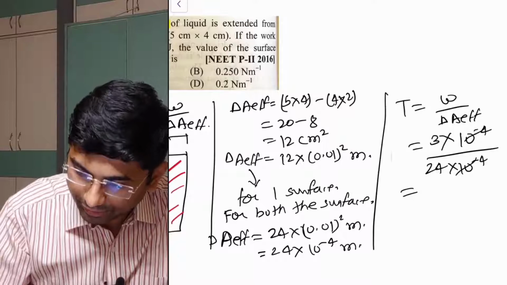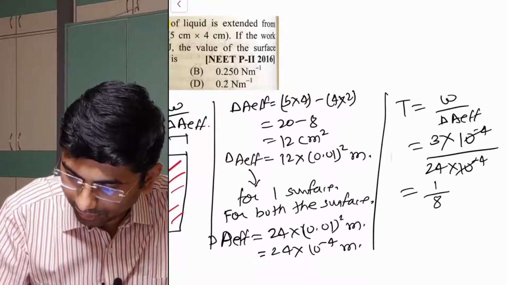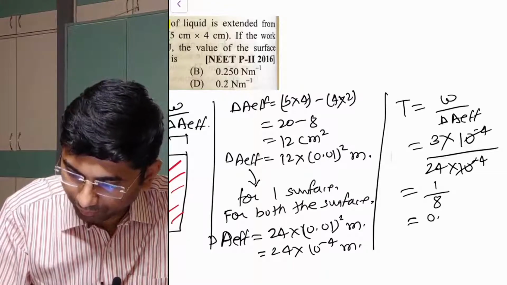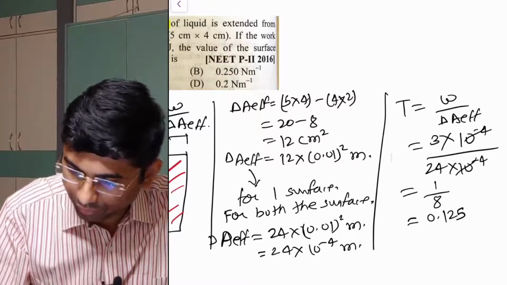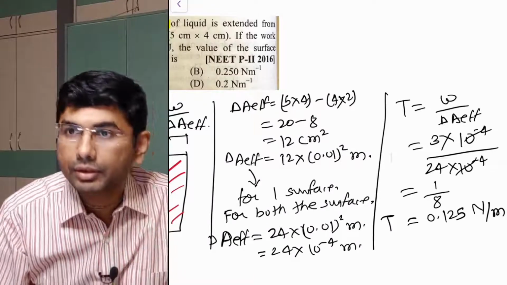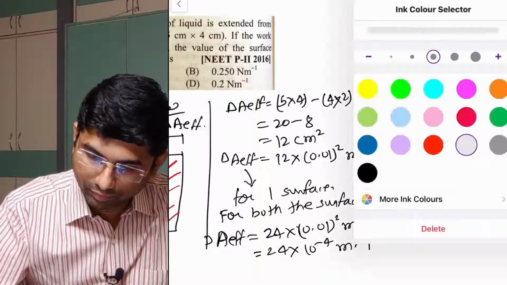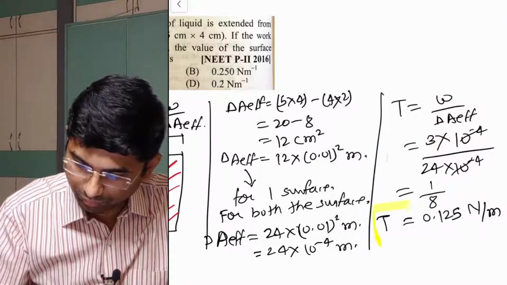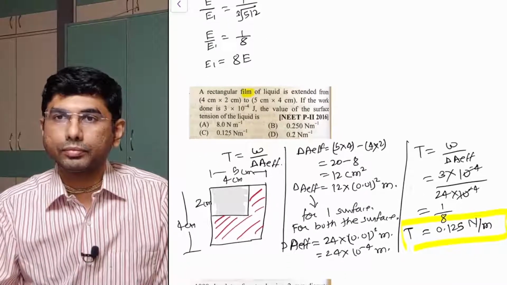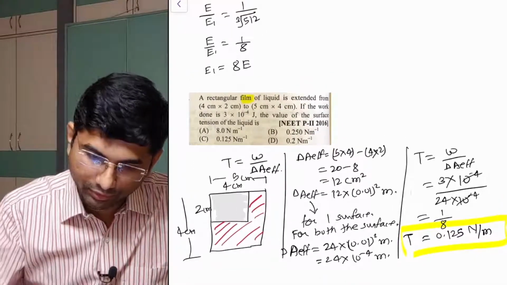Now this is going to get cancelled. 1 upon 8, that is equal to 0.125. Tension is in Newton per meter. This is the answer. Option number C.